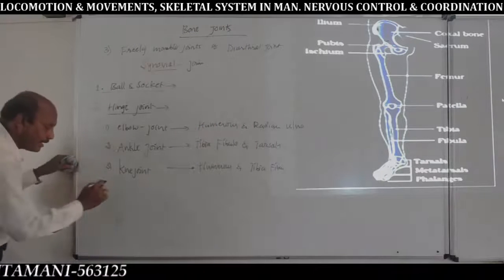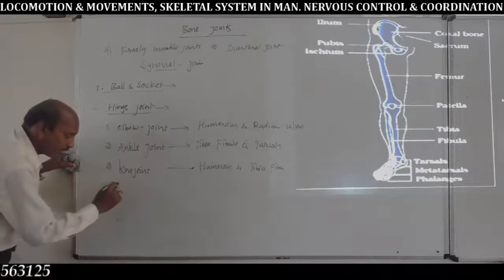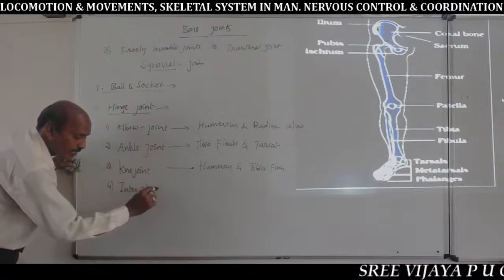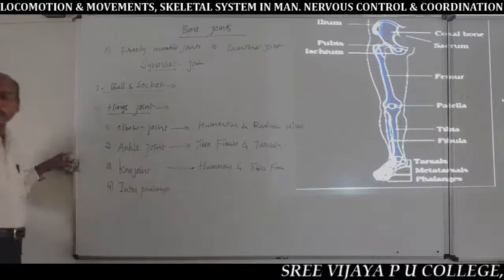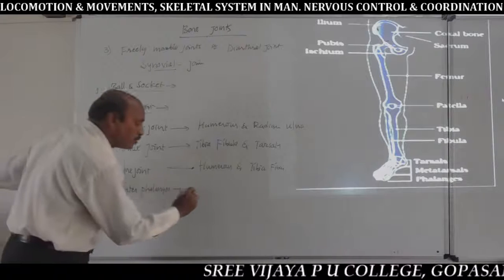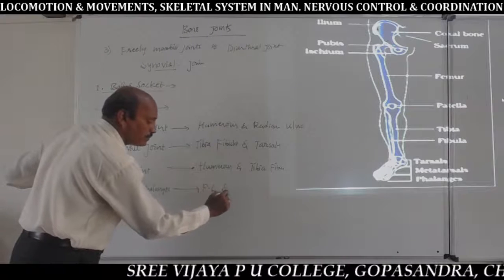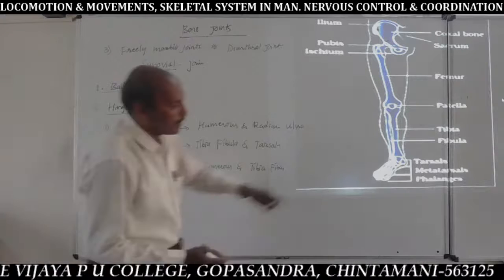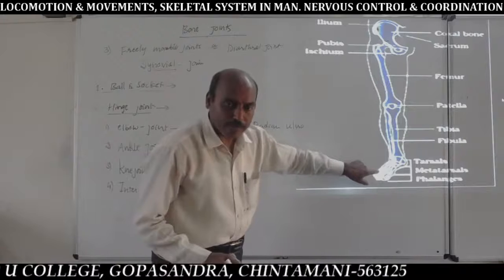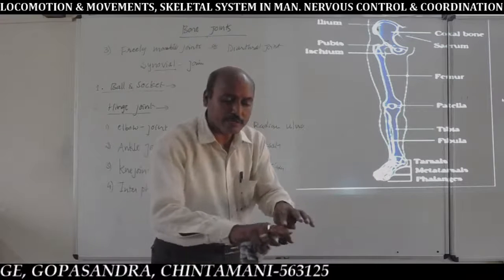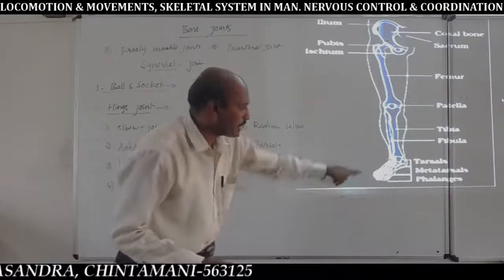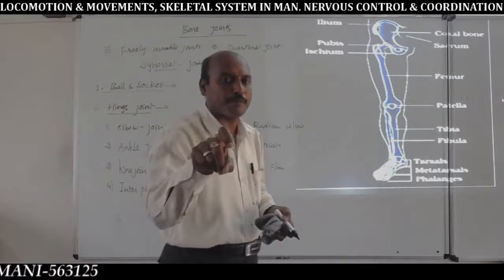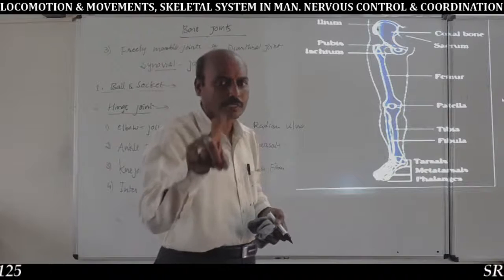Hinge joint. And the last one is the interphalanges. Interphalanges of both forelimbs and hind limbs. Say, the joint in between phalanges of the hind limbs or in between phalanges of the forelimbs is a type of hinge joint, because it shows only one plane of movement, only one axis of movement.